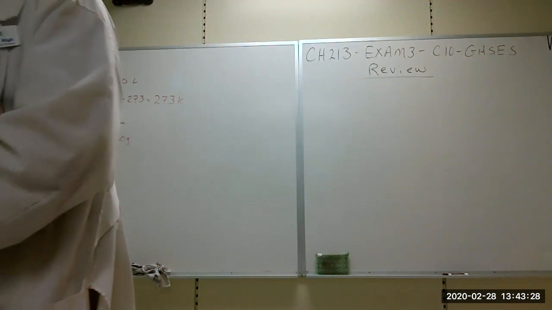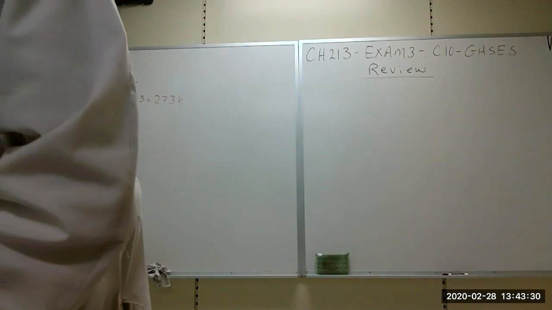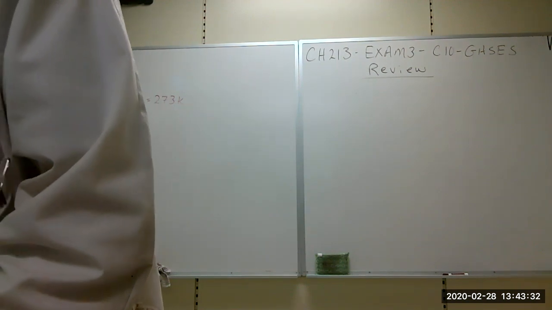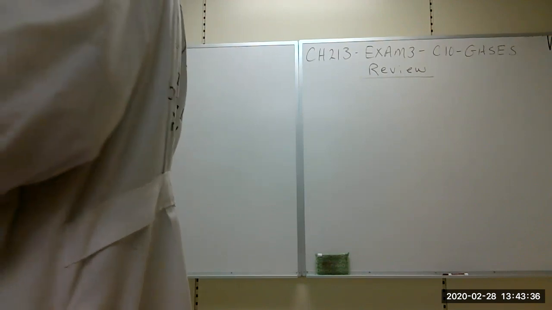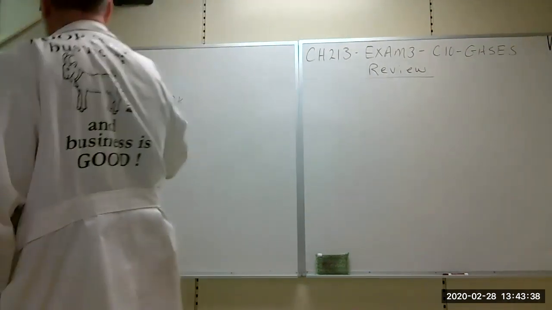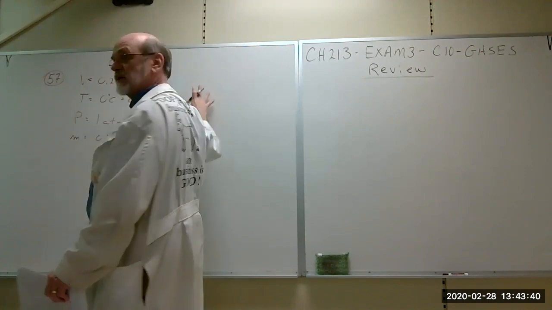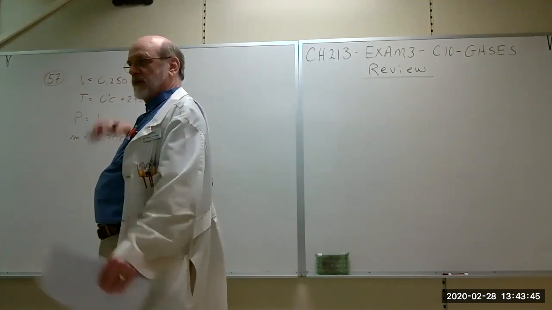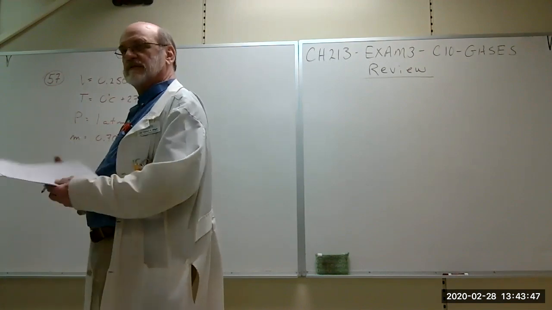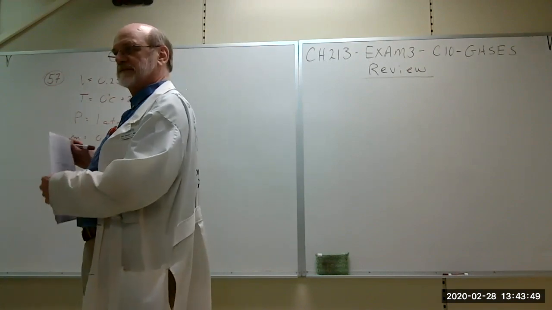Oh, I know what threw me. I'm combining equations. We can do it that way. You can do it step by step. You can find out how many moles you got with this information and then combine it with this to find the molar mass. Or you can combine both equations and do it all in one shot.